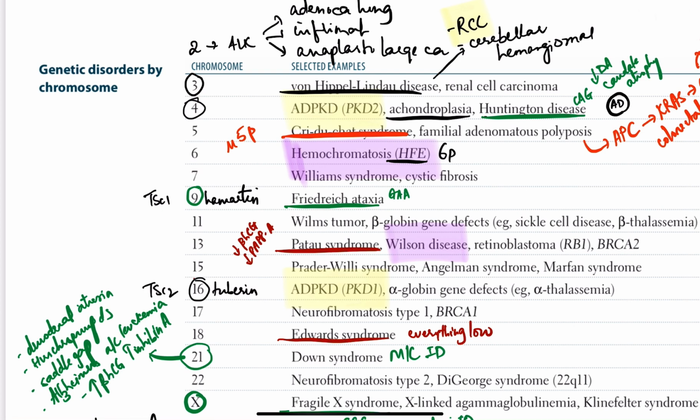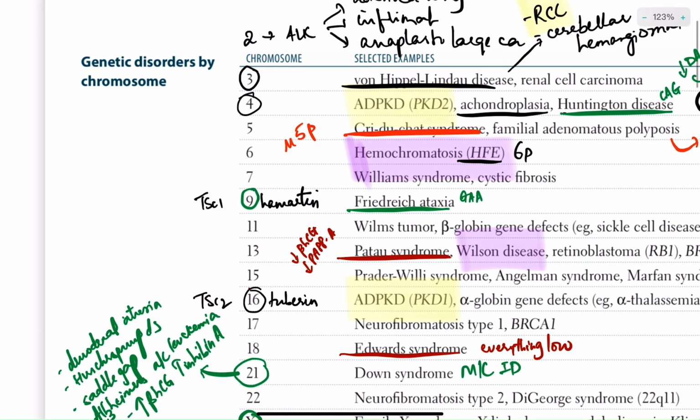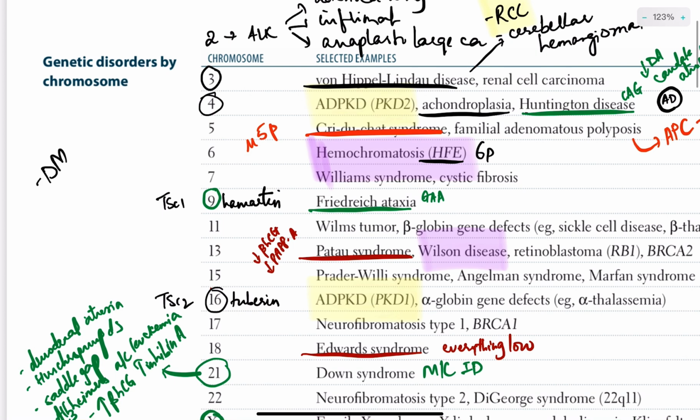So this iron is going to get accumulated in various organs, and it's going to cause diabetes mellitus. Hemochromatosis is also going to cause bronze skin appearance, and arthritis, but especially small joint arthritis.